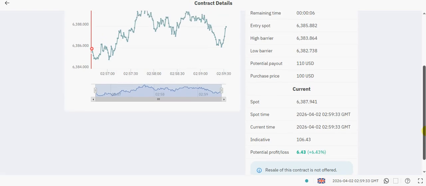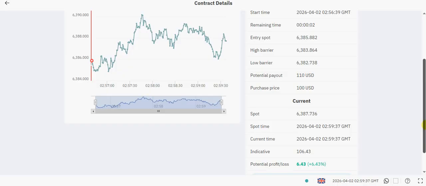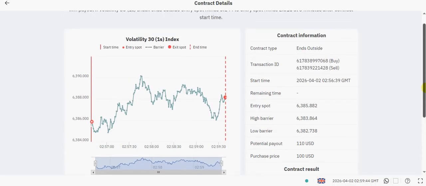Three seconds. So as you can see right there, we made $7.2. So that's it for this strategy.